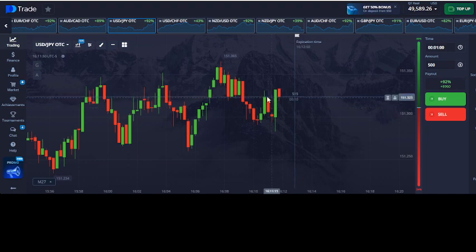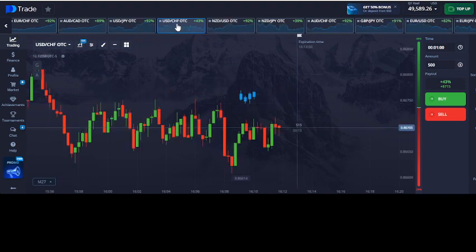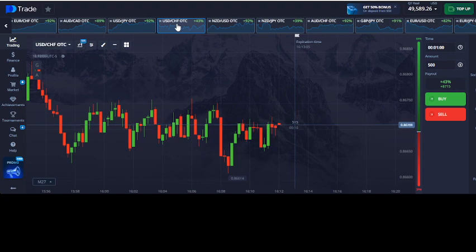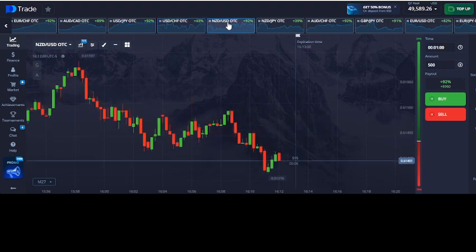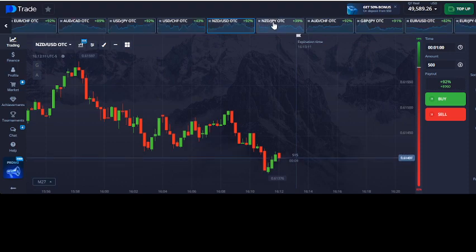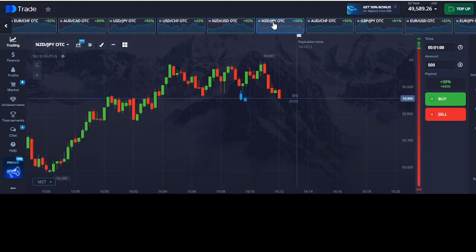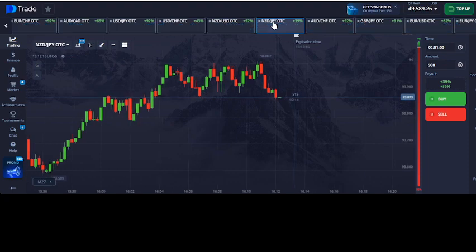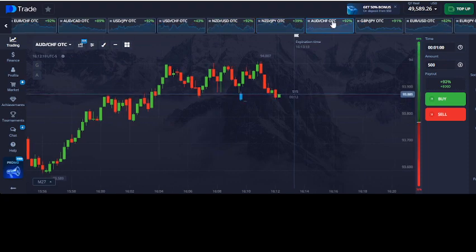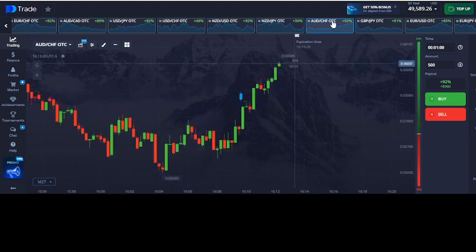All right, this market is consolidating also. Consolidation. Okay, we got a gap.